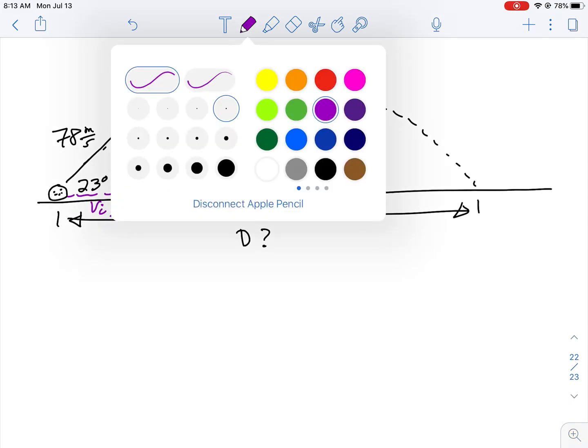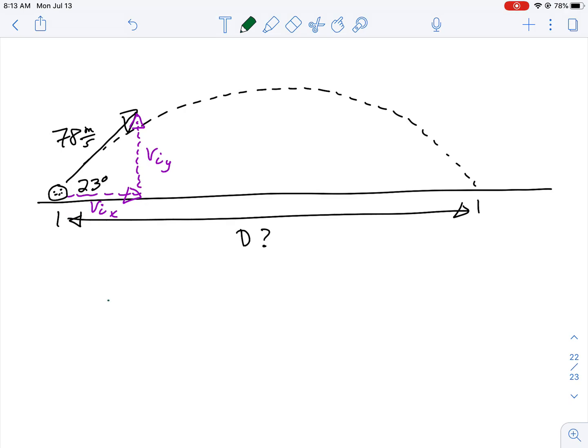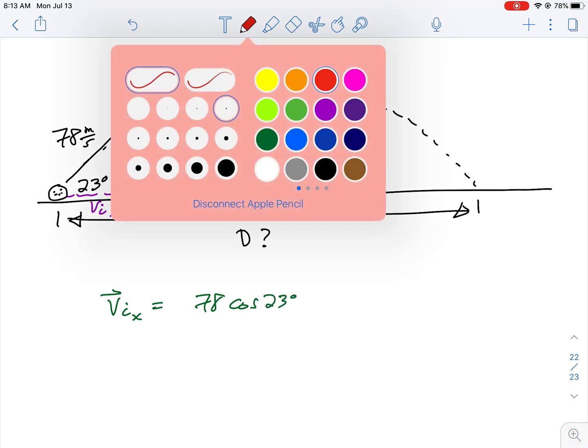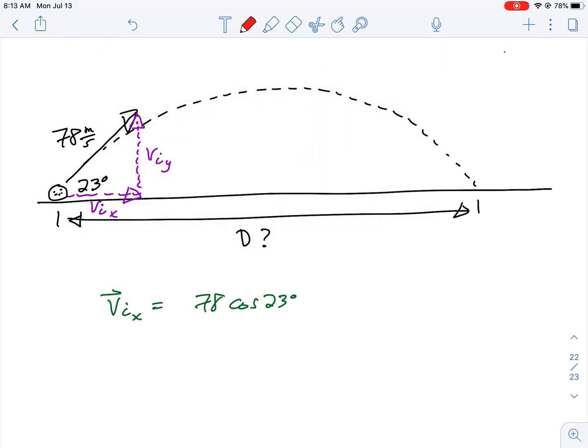We'll do the quick technique we talked about before. So v initial x becomes equal to the hypotenuse, and because v initial x is adjacent, that's going to be cosine of 23 degrees. And if we use just a standard reference system, then this would come out to be a positive value.